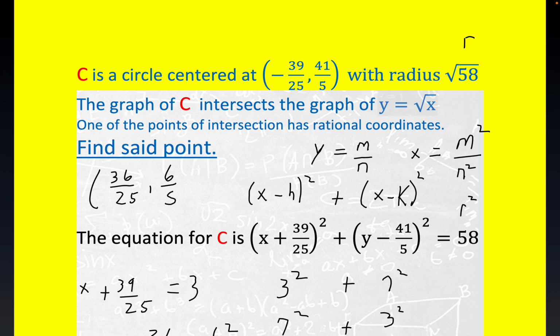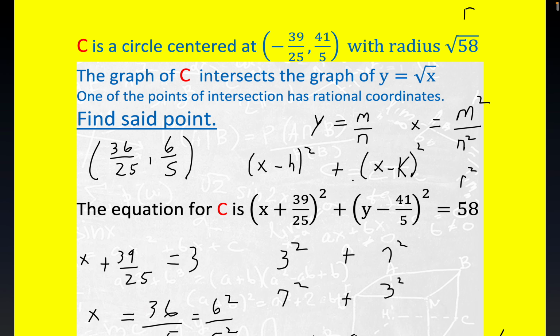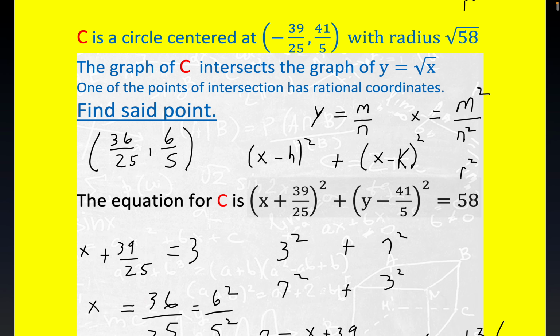Okay, and again, I thought it was a fine problem because if you weren't given that they were rational coordinates, this is just a circle. There's obviously an infinite number of points on this circle, mostly irrational. If you pick an arbitrary point on the circle, x and y would be irrational numbers.